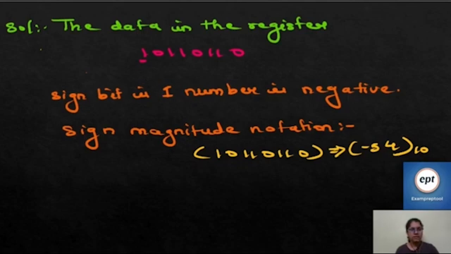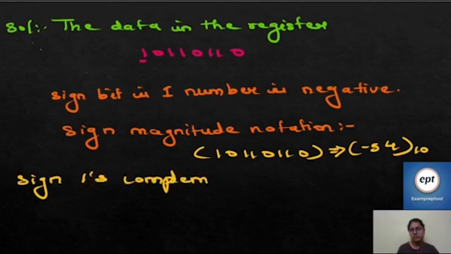Okay, and now if we see the ones complement, I hope you all know how to take the ones complement of a number. So if this is the number, then in the ones complement all the bits of 1 will become 0 and 0 will become 1. So this will be 0 1 0 0, then 1 0 0 1. Okay, so this will be in binary and we have to convert that.